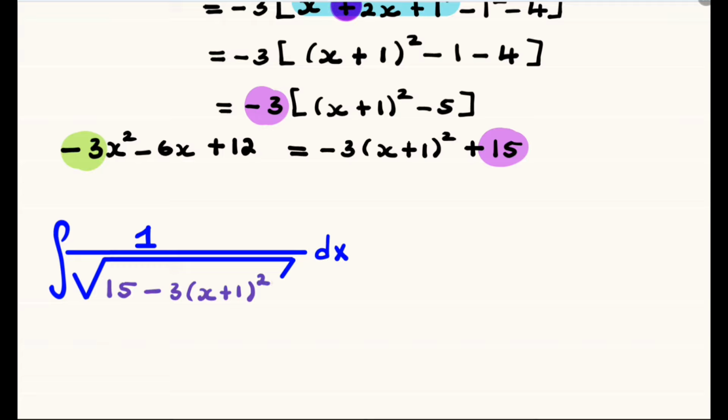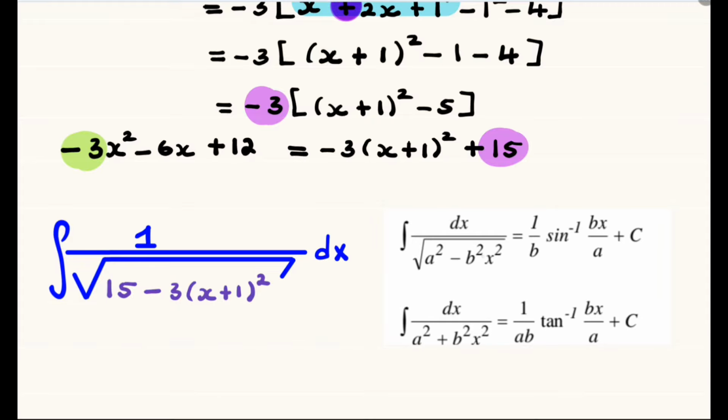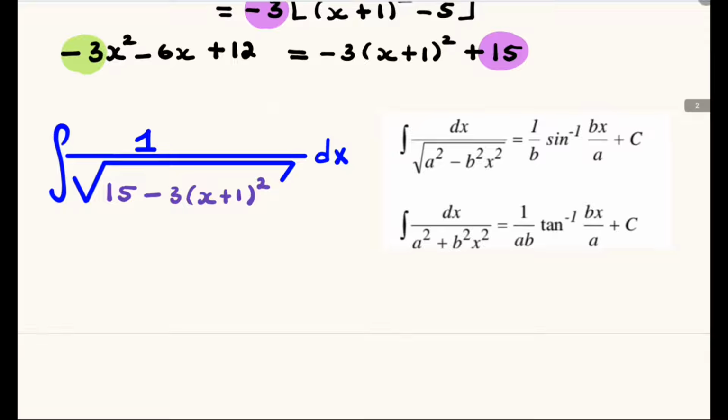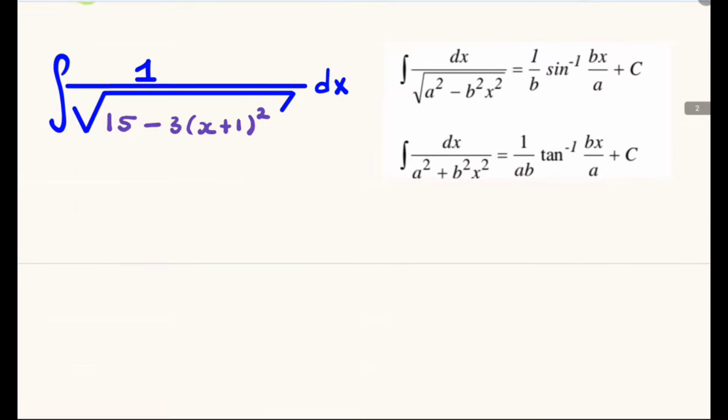squared. We use our formula sheet, and the formula that we use is the one which has a negative in the middle of the square root. From our formula sheet, we have a squared and b squared, and we only have 15 and 3. Suppose that we had 4 instead of 15.